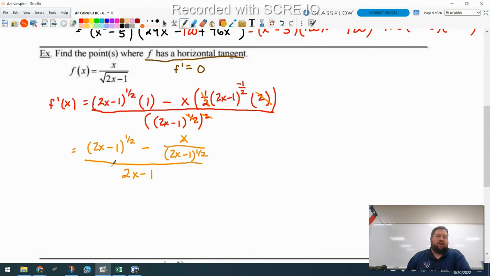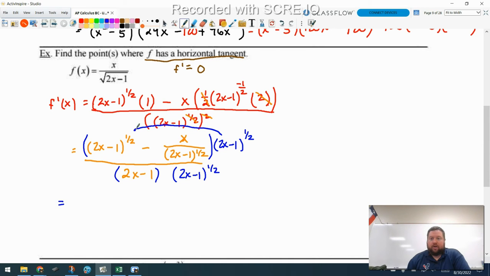Okay, now still not simplified enough for me to be able to solve. This is a complex fraction. So now I'm going to multiply by this denominator so I can cancel out the complex fraction. And so I have to do the same thing down here. All right, so distribute this all the way over right there. Multiply like bases, you add their exponents together.